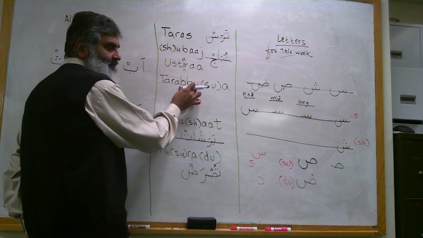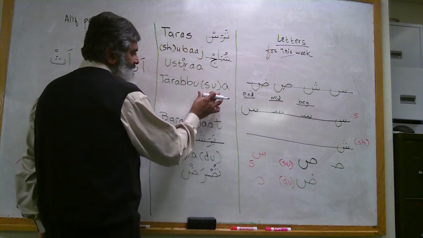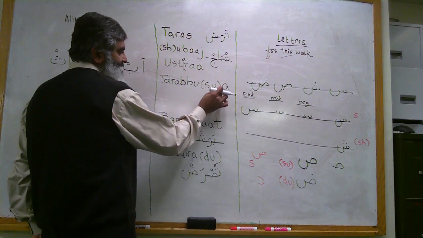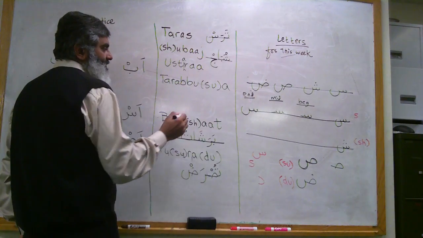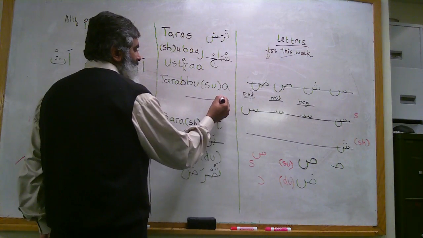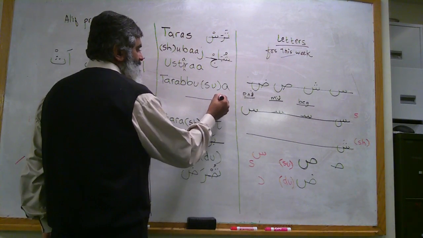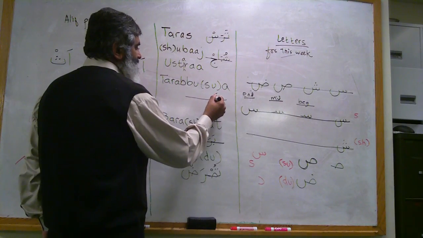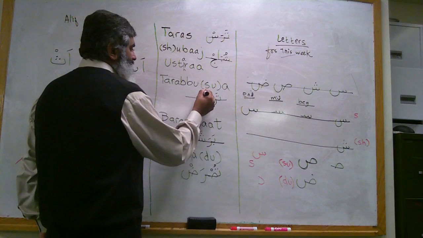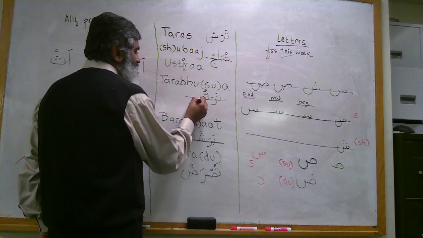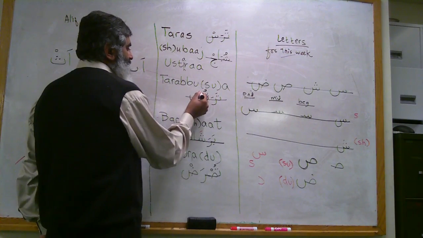You can use shadda. With the dhamma, sod, parentheses, su, sod, with the fatha. Ta with the fatha, ra with the fatha, ba with the shadda, dhamma, sod with the fatha.